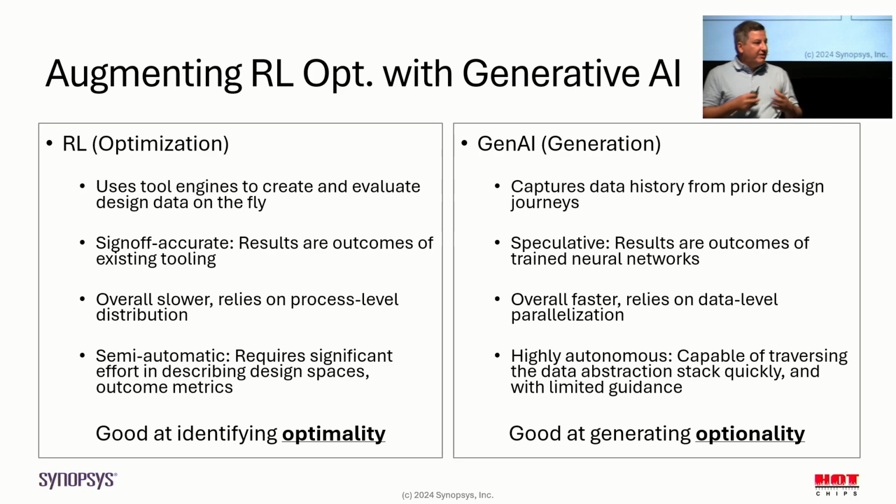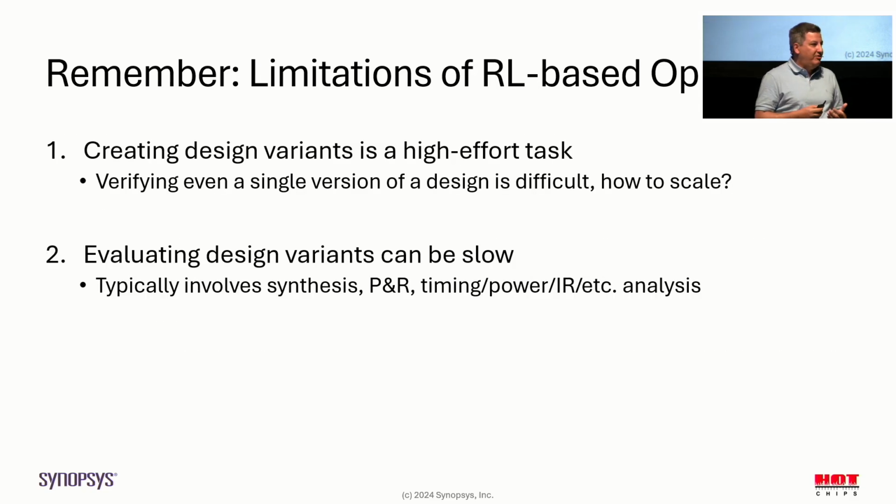It is capable of traversing our data abstractions very, very quickly. And then help us explore this optionality that I was talking about before, right? So RL is very good at achieving optimal solutions in known spaces, and generative AI is very good at creating spaces. So the two are actually very symbiotic here. In fact, they create a virtuous cycle between creating and analyzing that can be extremely powerful.